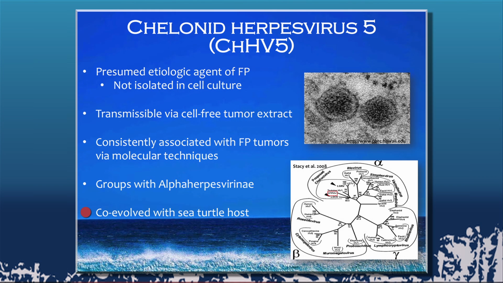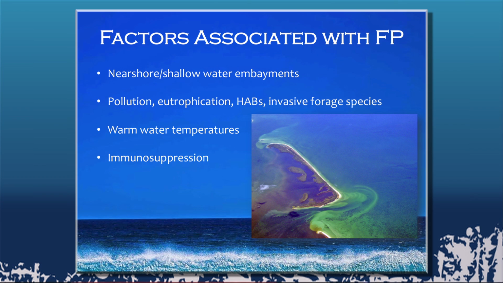Phylogenetic studies show that the virus is co-evolved with its sea turtle host, meaning that the recent epizootic or epidemic is probably not related to the virus, but probably something related more to the host, which is the turtle, or its environment. Other factors that have been associated with FP, most significantly is the nearshore shallow water embayment, so they tend to get tumors when they move from offshore to inshore.